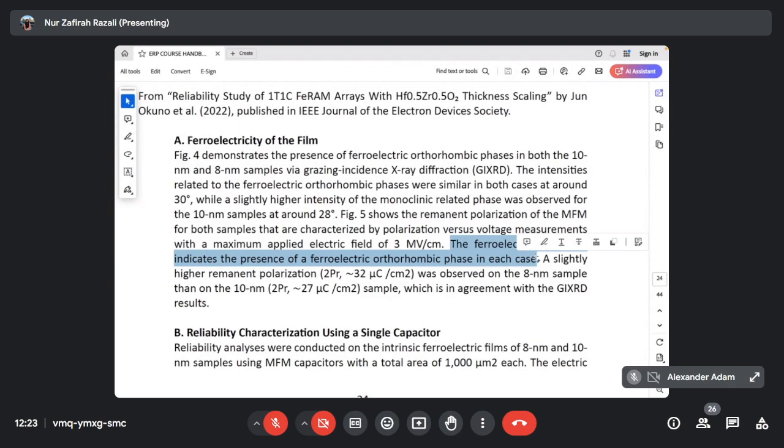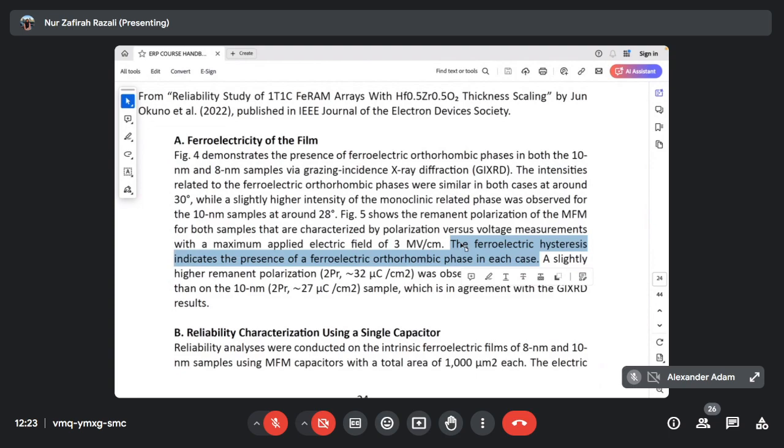This is reporting or commenting? How about this one? Is it reporting or commenting? Commenting.